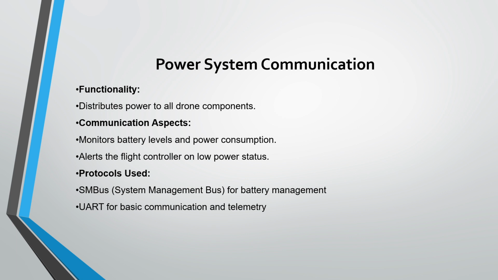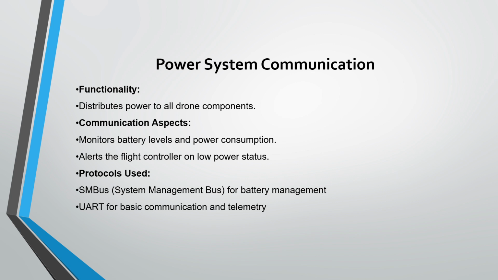This type of communication happens in the power system communication. Now next, the protocols used in power system communication. There are basically two types: the first is SMBus, system management bus, for battery management, and the second is UART for basic communication and telemetry.